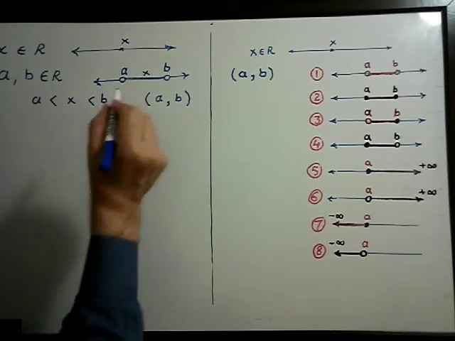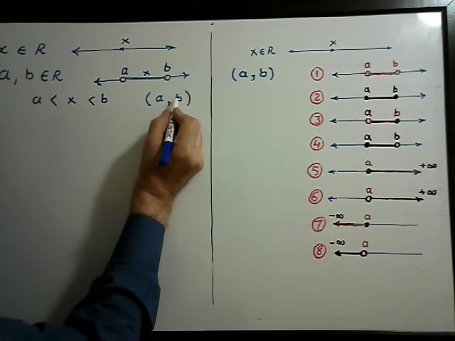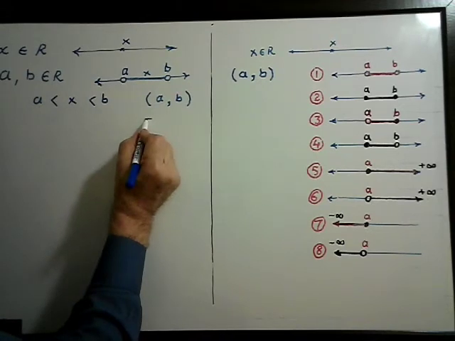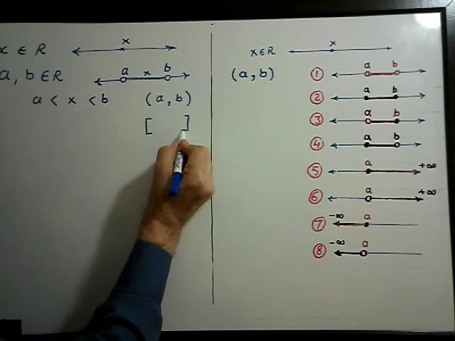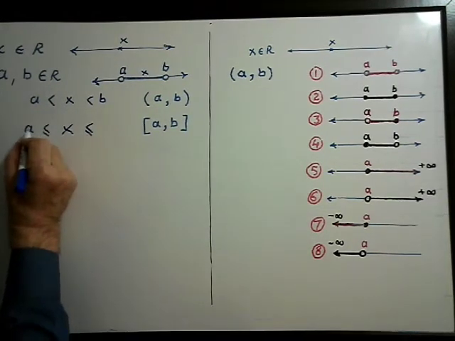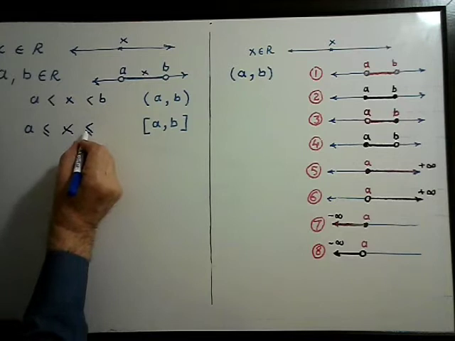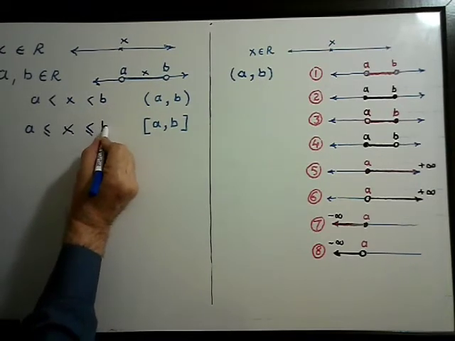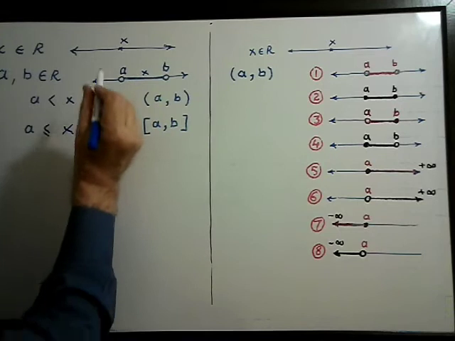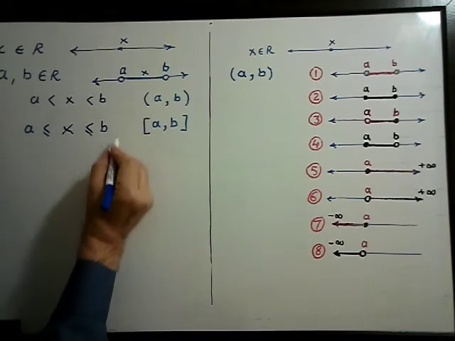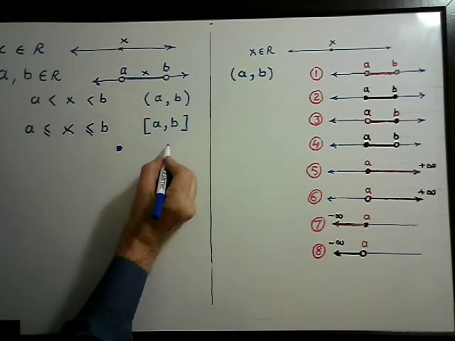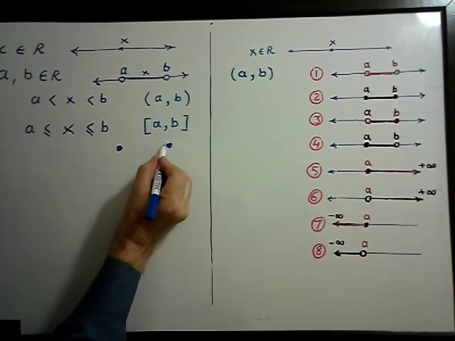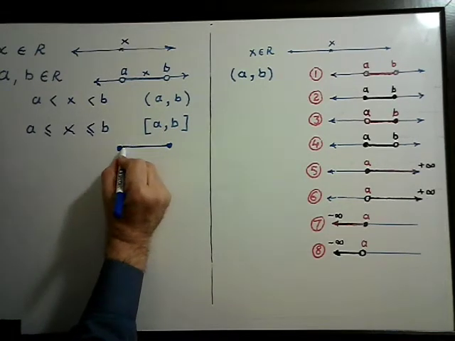If we consider a is included and b is included, we make different brackets for them to distinguish that from the first. x is greater than or equal to a and smaller than or equal to b. And in this case the circle at a is closed and the circle at b is closed also, to refer to the closed interval.